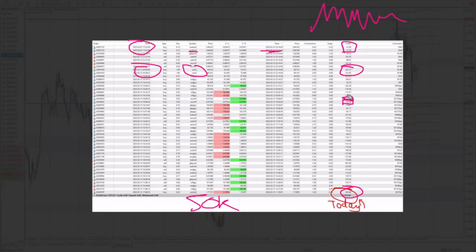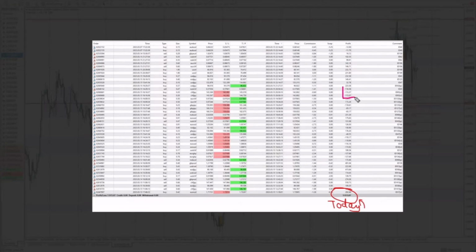$170, $300. All my losses, look, are 115, 116, 118, 115, 116, 137. All my losses are what? Half an ADR. $250 is my loss. Half an ADR. That's all I'm ever risking.